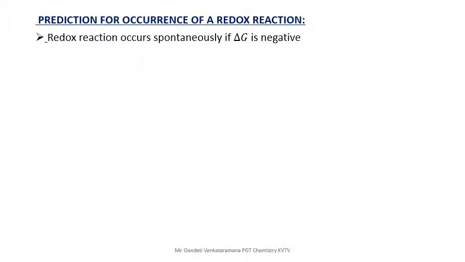Here also it is the same. A redox reaction means the reaction in which both oxidation and reduction take place. So a redox reaction occurs spontaneously if delta G is negative. If delta G is positive, the change in Gibbs energy is positive, it is a non-spontaneous reaction.